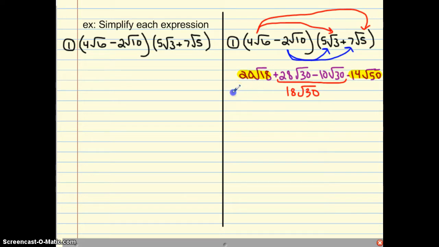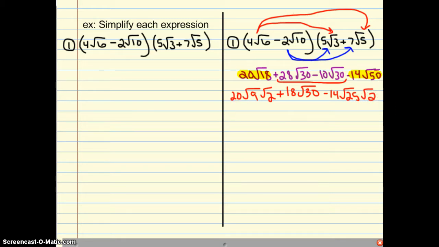So 20 root 18 is 20 root 9 root 2. This was positive, so we'll put a plus here. And our minus 14 root 50 is minus 14 root 25 root 2.